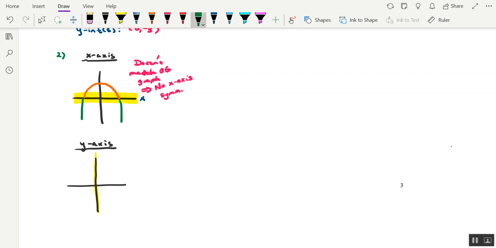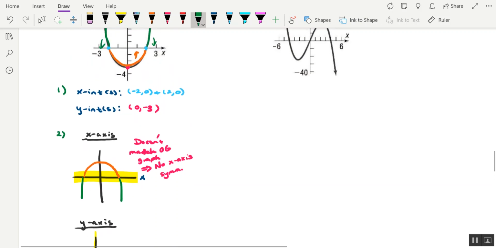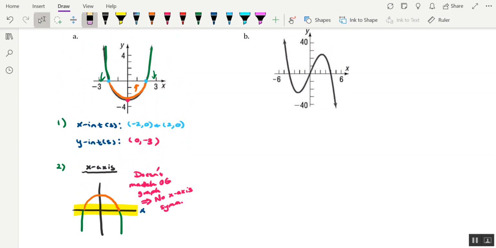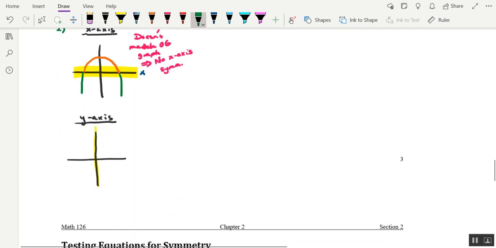And if we reflect the pieces, maybe in this case, it might be better to base our reflections across the y-axis. That way it's not totally confusing. And what I mean by that is, there's this piece to the right of the y-axis that when reflected across the y-axis will look a little something like this.